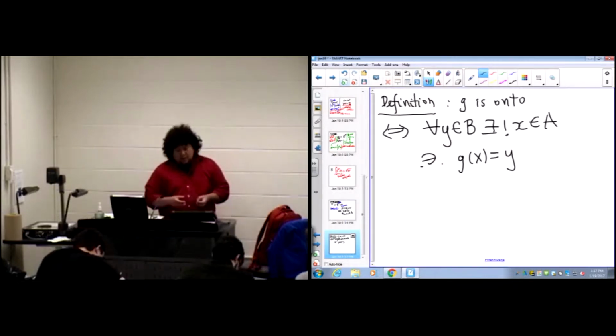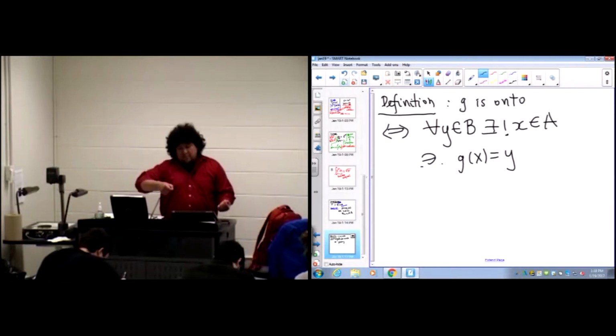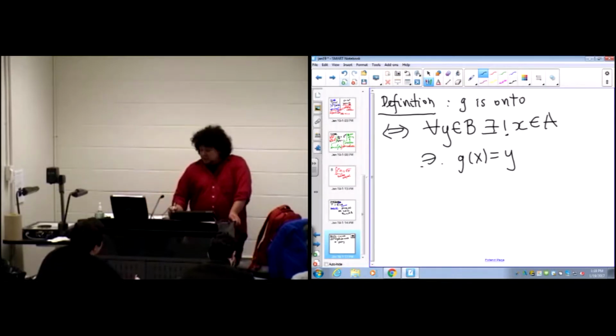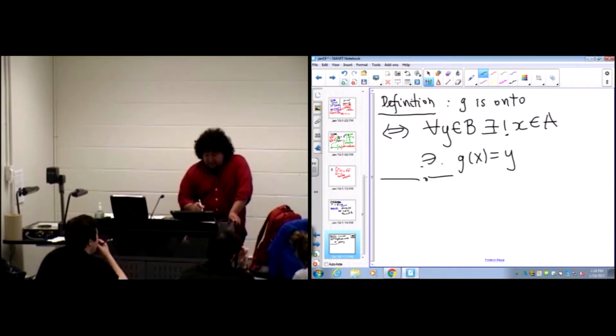So what I'm saying here in symbols is that for every member of the codomain, there is a unique member of the domain such that that member of the domain is mapped under g to that arbitrary member of the codomain. Okay, so that's a property of being surjective or onto. So a function has an inverse.